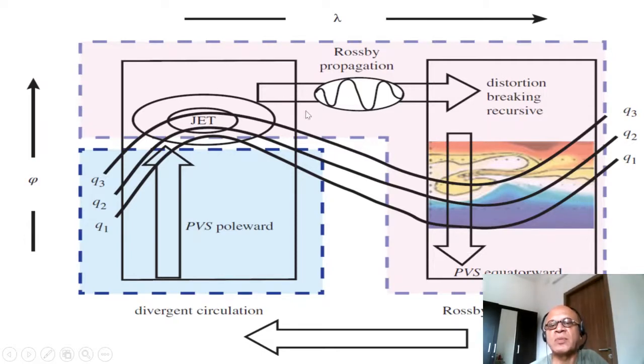So we have eastward propagating Rossby waves, which are recursively distorting and breaking. There is a cyclone on its way up the coast, so you can probably hear some winds. And that is going to pump energy back towards the equator in lower latitudes. You can see the distortion or the sloping of the PV substance contours.